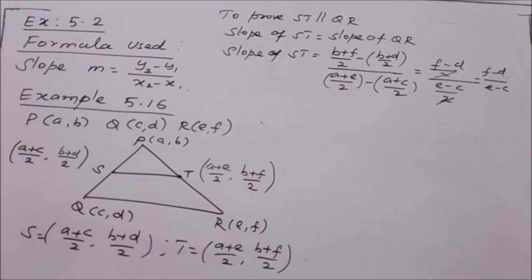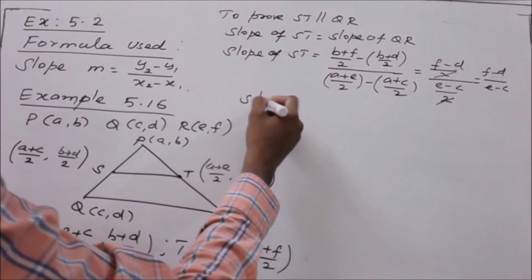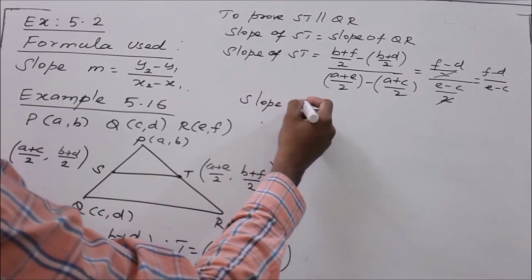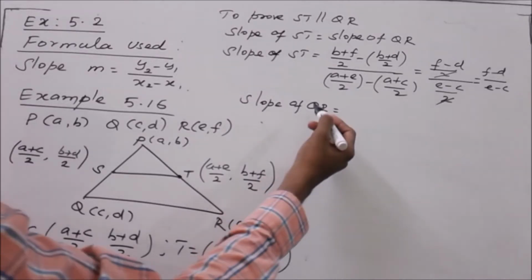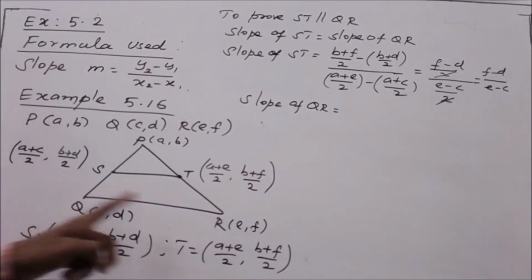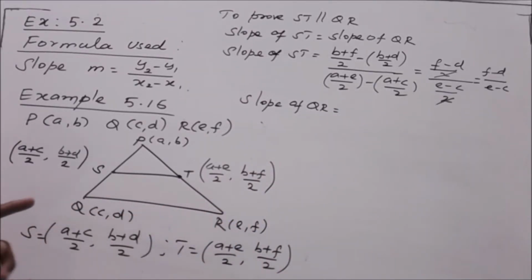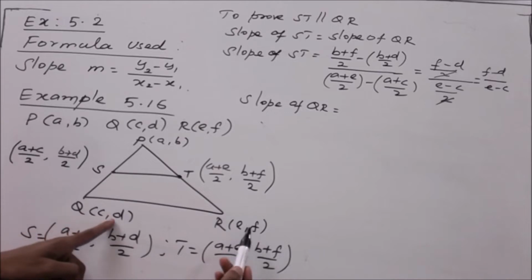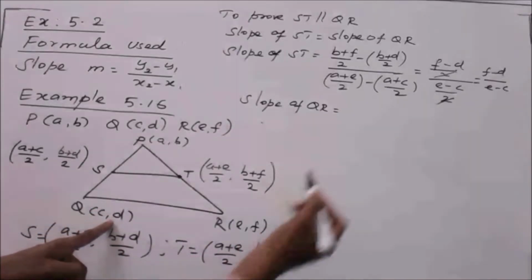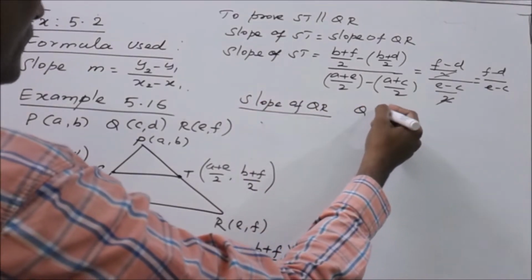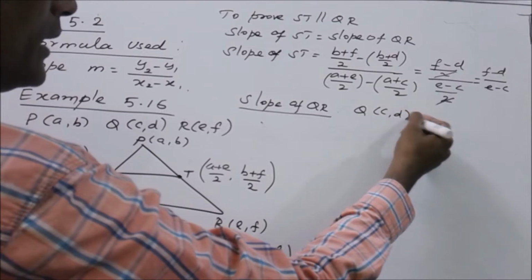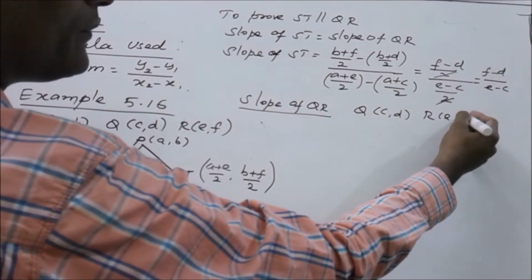And slope of QR. We should find the slope of QR. This is easy to calculate. This is QR. Y2 minus Y1, this is X1 Y1, this is X2 Y2. So Q is (C, D) given, and R is (E, F) given.